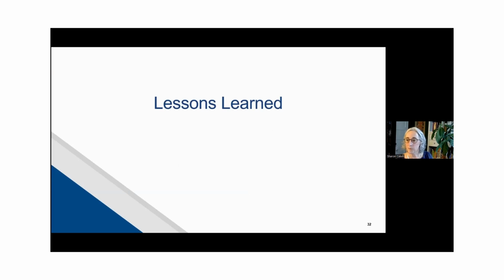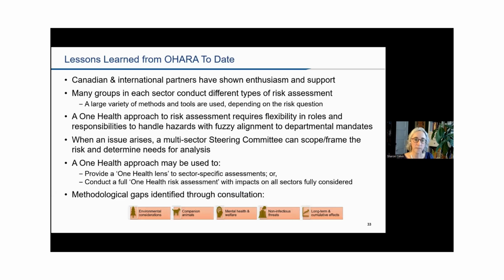And I'll take a brief moment just to review some of the big lessons learned in this initiative so far. First, we found that Canadian and international partners have shown a lot of enthusiasm and support for this initiative, so we feel this really demonstrates the need for this work.